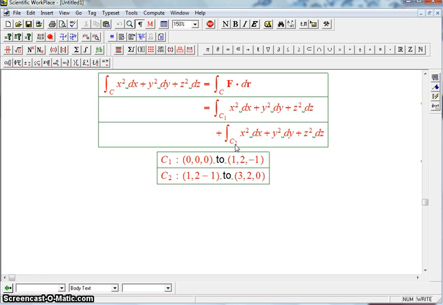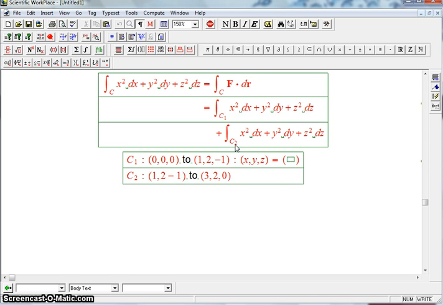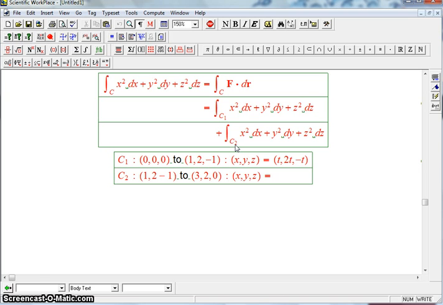Okay, so we need to parameterize these guys. Well, C1 can be x, y, z equals just t, 2t, minus t. That'll work. Here, it's a little more general. We're going to want it to go from 1 to 3, 2 to 2, minus 1 to 0.